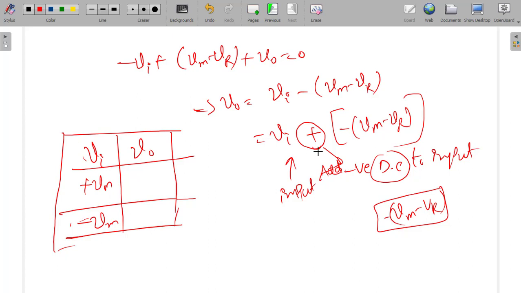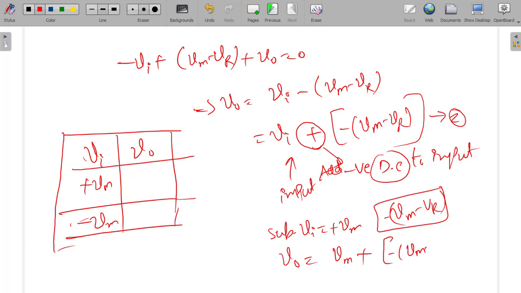Substituting Vi equal to plus Vm in equation number 2, we get V0 equal to Vm plus minus of Vm minus Vr. Vm minus Vm gets cancelled and you get Vr. So V0 will be equal to Vr when Vi is equal to plus Vm.